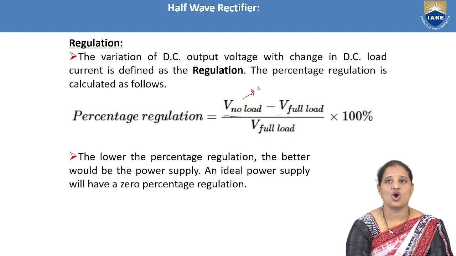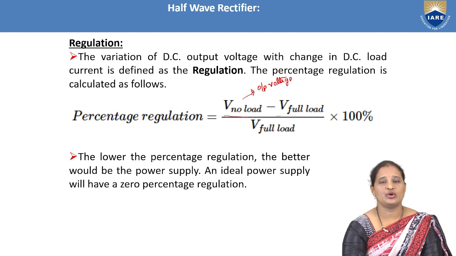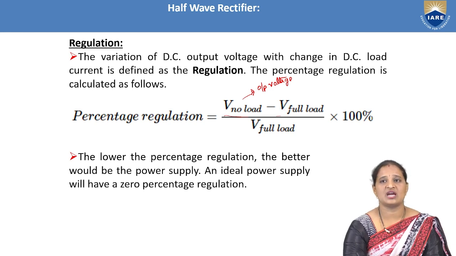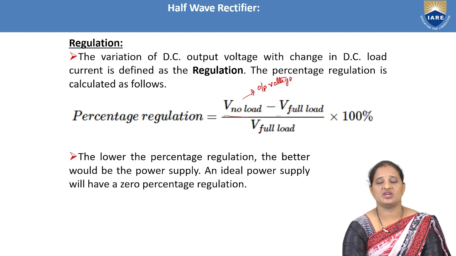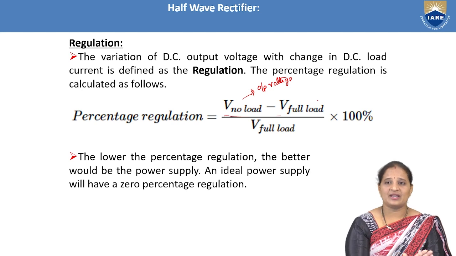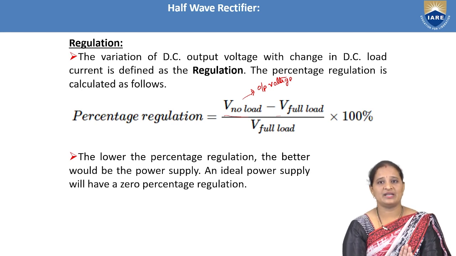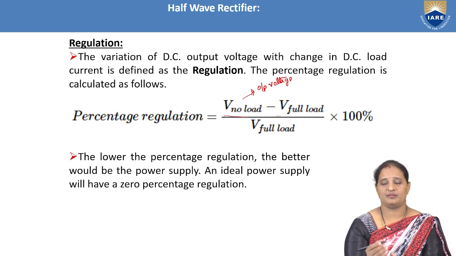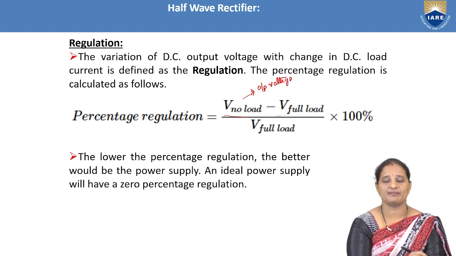This is the output voltage when no load resistor is connected, whereas V full load is the output voltage when a load resistor is connected. For a better DC regulated power supply, always remember that percentage regulation must be very less.